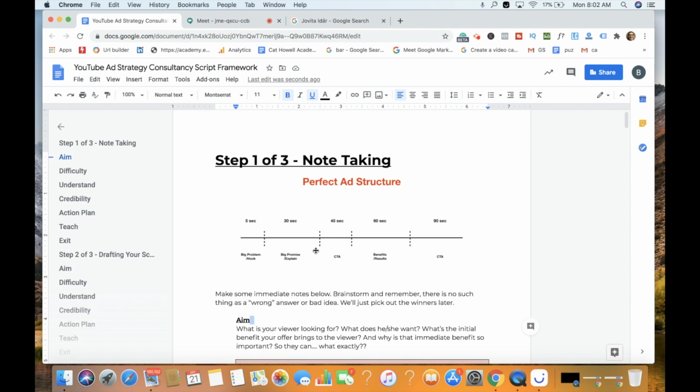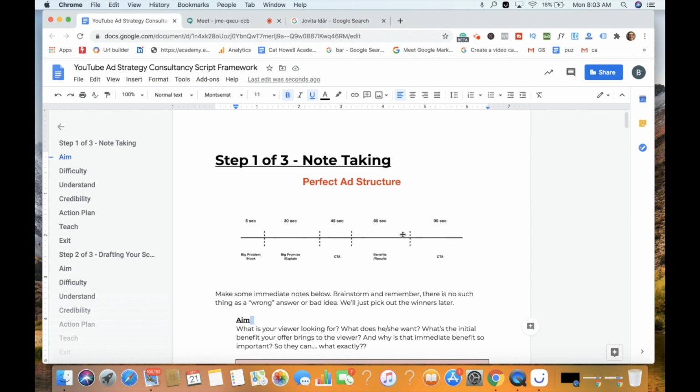You actually want to have two calls to action, because not everybody's going to watch the ad all the way through. So it's good to give that call to action around the 30-second to 45-second mark: download my offer, go to our landing page, schedule a free consultation, whatever that call to action is.